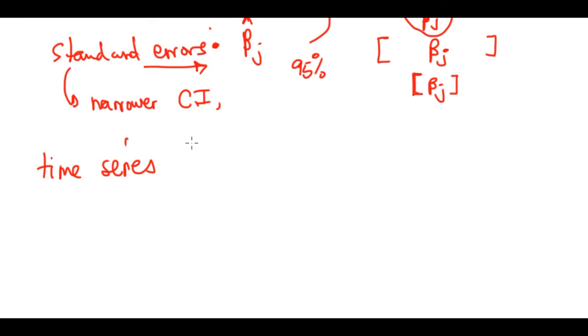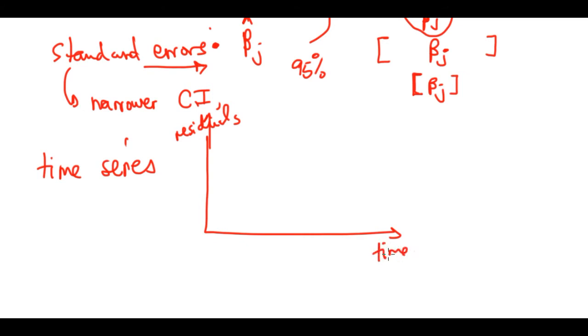What you can do is plot your residuals and see if this is the case. You're going to plot your residuals against time, the hour. So you're going to have a residual for 9 a.m. and a residual for 10 a.m., and so on. Usually what will happen is when you plot the residuals, adjacent residuals will have values that are close to each other.